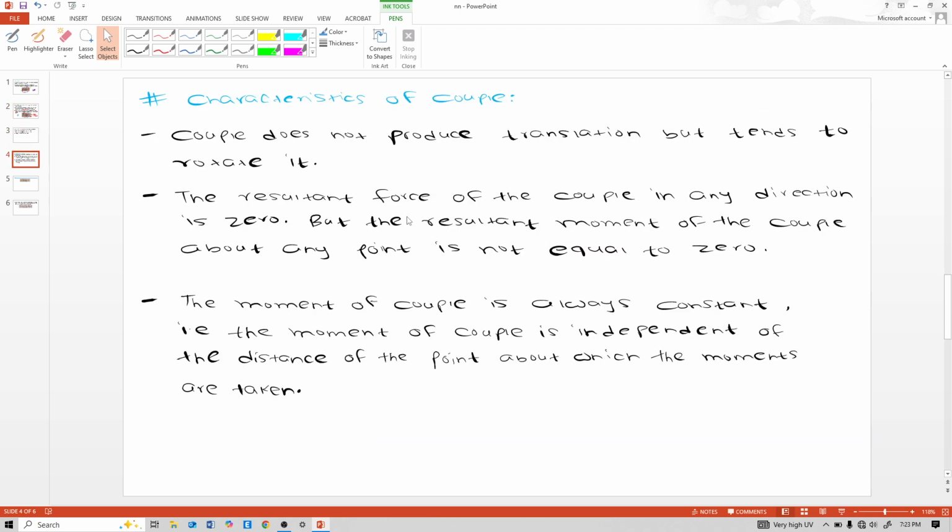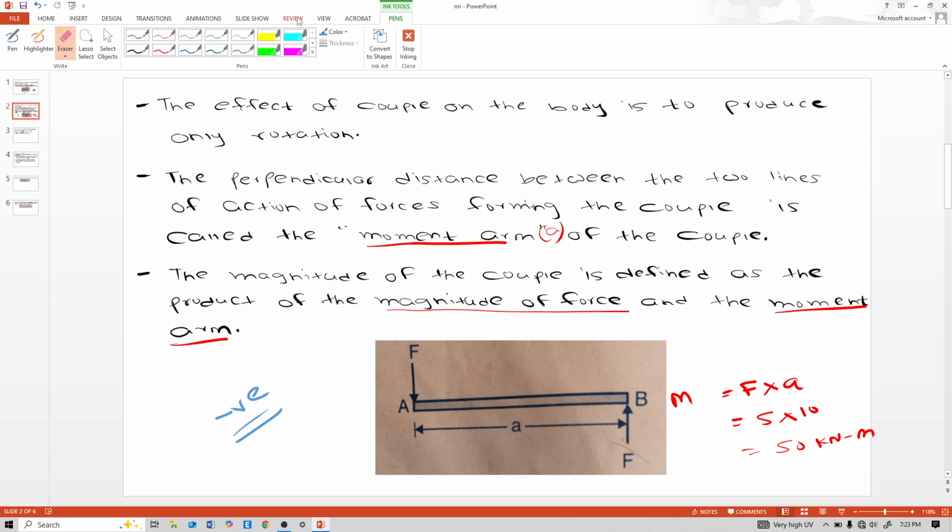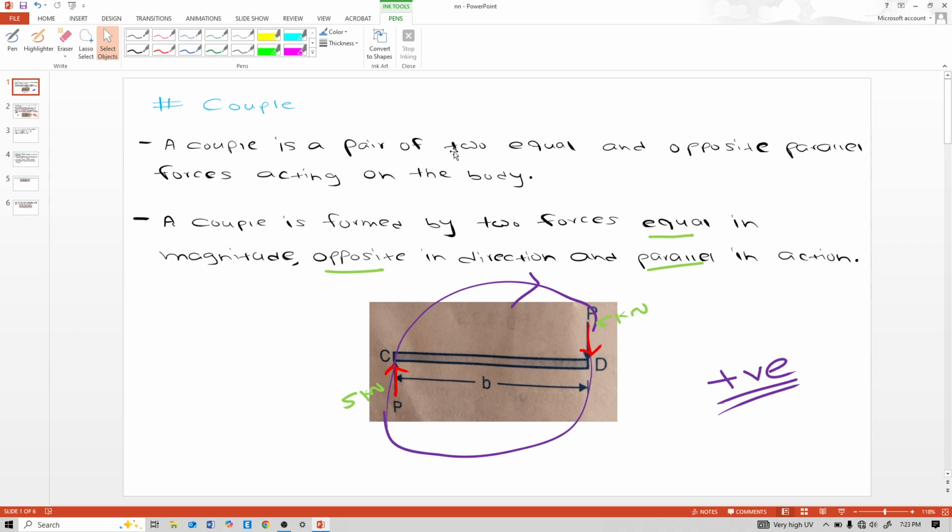Next is: the resultant force of the couple in any direction is zero, but the resultant moment of the couple about any point is not equal to zero. So the resultant force of the couple in any direction is zero. Why is it zero? Because, see, we saw the couple definition: a couple is a pair of two equal and opposite parallel forces.